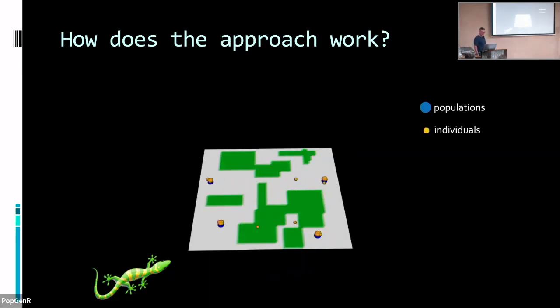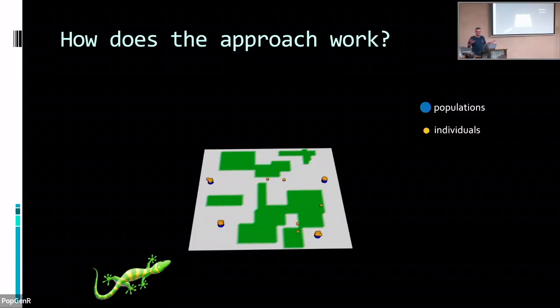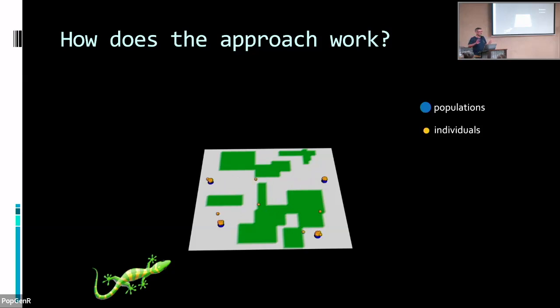If the landscape doesn't have an effect, they kind of migrate, and the only thing we have here is this isolation by distance effect. So they become a little bit dissimilar over time because those two are a little bit closer to each other, so on average there will be more exchange here than between this and that.